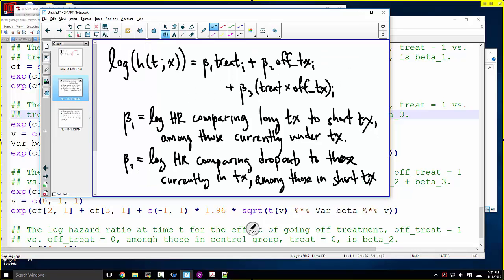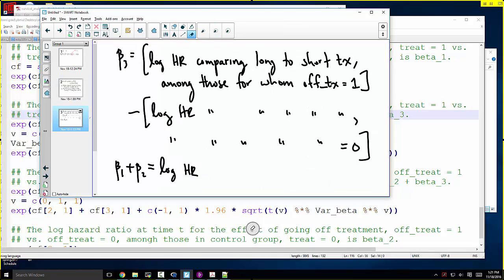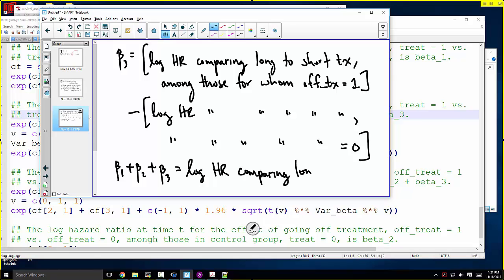Should be beta 1 plus beta 2 plus beta 3. It should be the sum of all three that is the log hazard ratio comparing long to short treatment among those for whom off treatment equals 1.